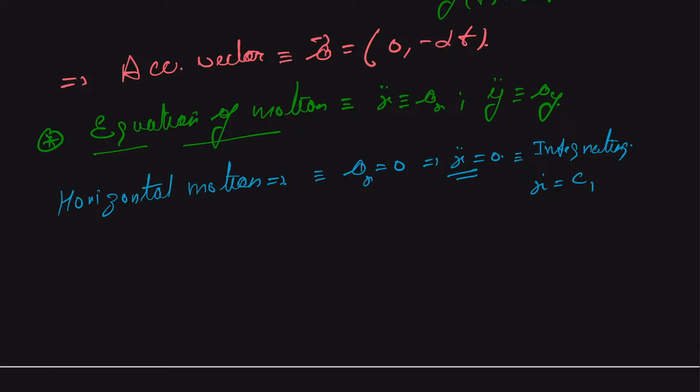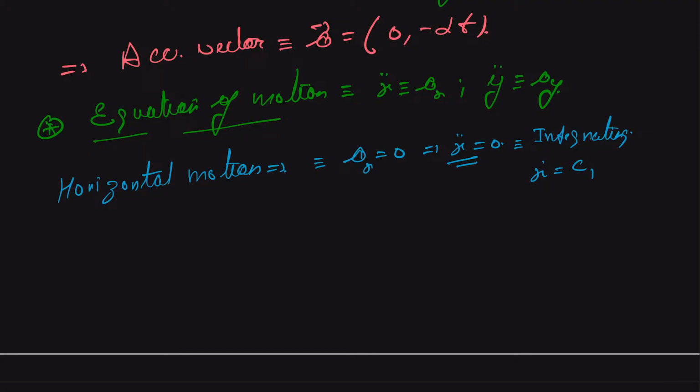In order to find out c1, we are going to make use of the initial condition, that is, the velocity at time t equal to 0 is v naught cos theta.